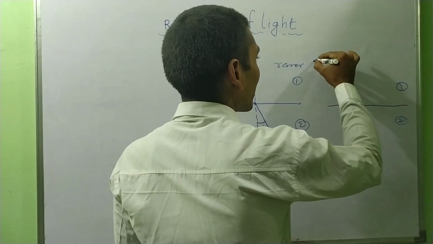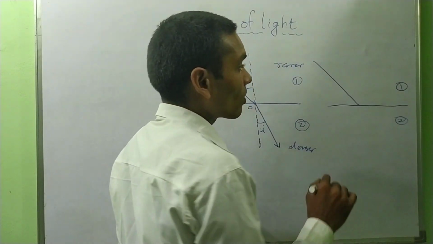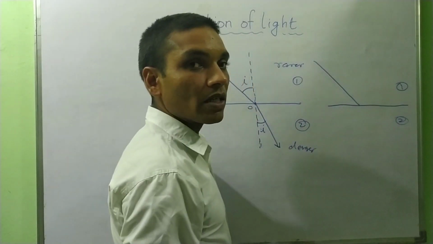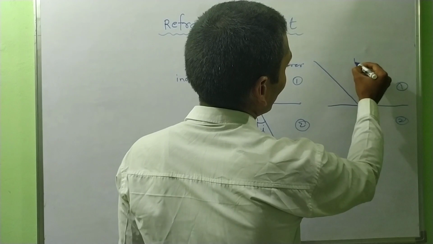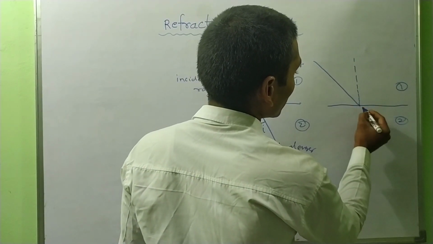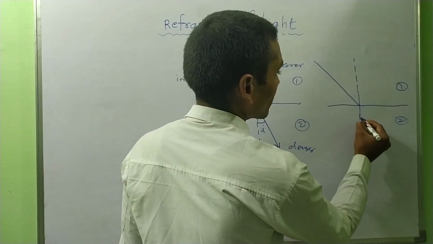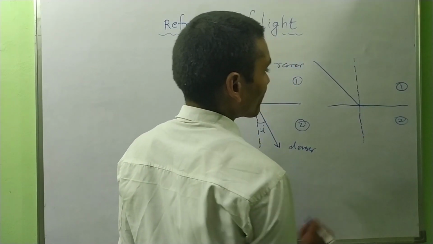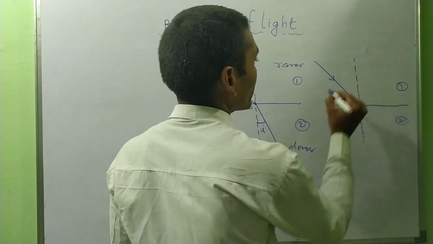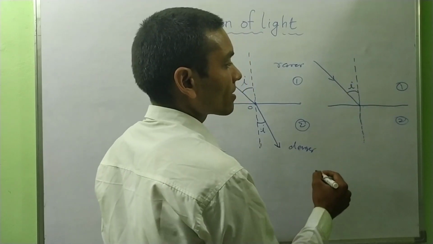A light ray comes obliquely on the interface of two separated media, and we draw the normal on the surface, and this is the point of incidence. This can be extended. Now this is the incident ray, this is the normal, this is the angle of incidence.